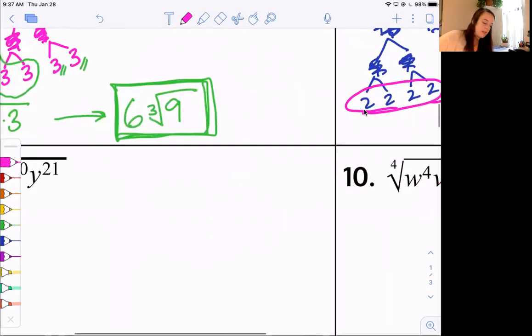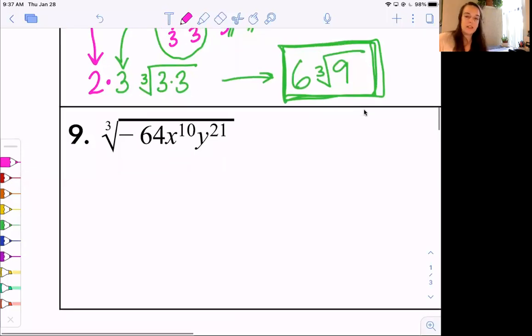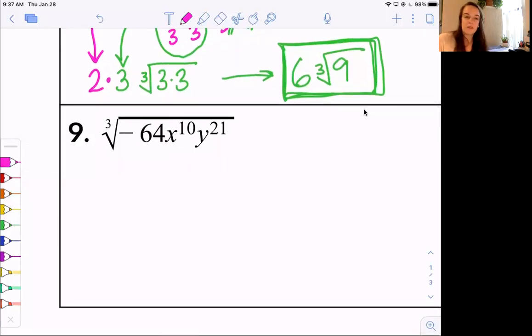Let's go ahead and try this one here. Kind of interesting. I know earlier we spoke to the square root, right? The square root is like we're not able to have a negative square root. However, we can have a negative cube root.